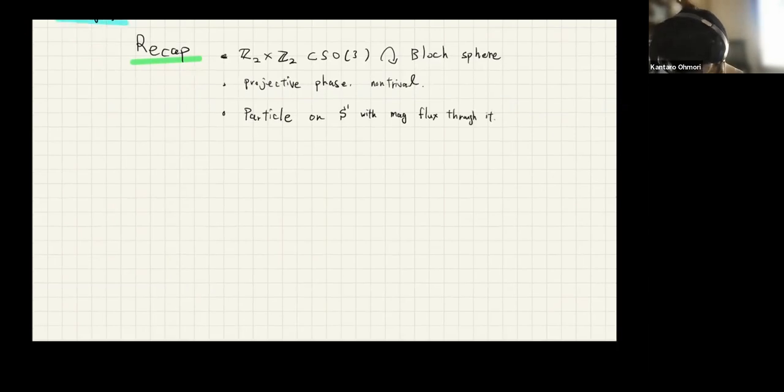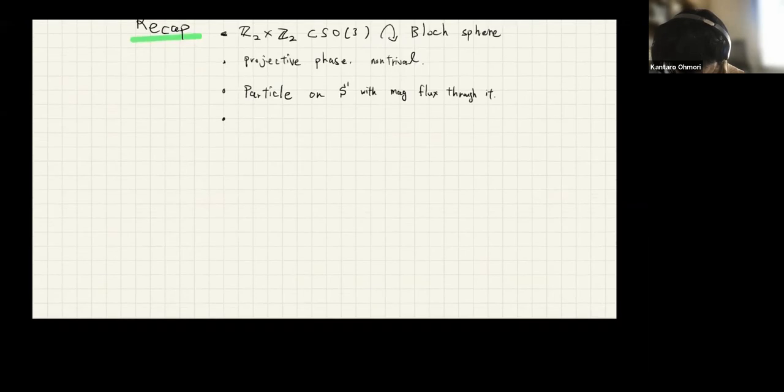This model has U(1) shift symmetry and a semi-direct product with a Z2 flip.